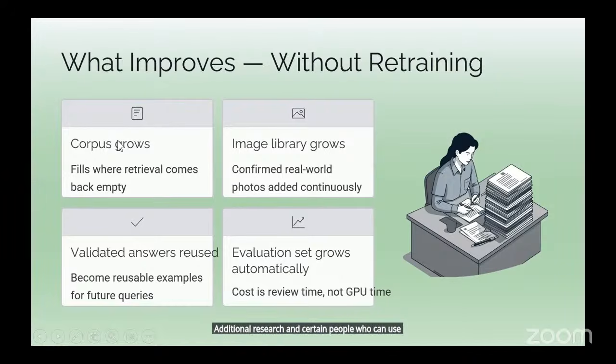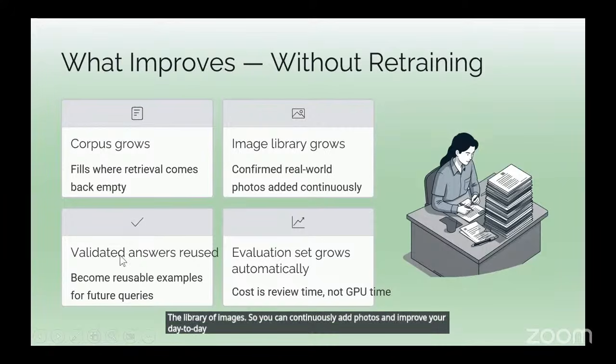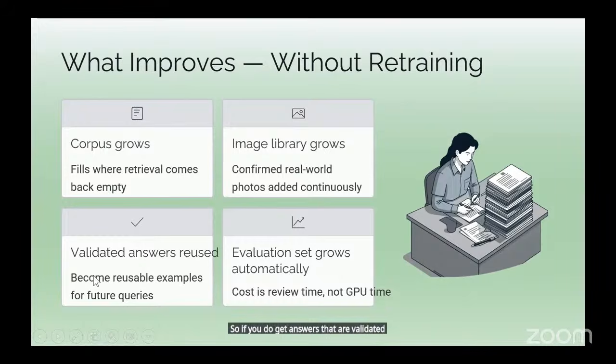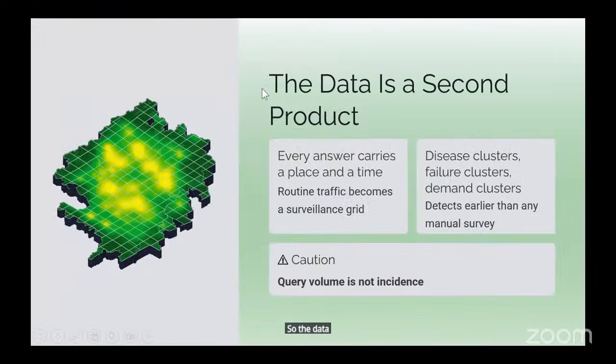You collect the library of images, so you can continuously add photos and improve your database. If you do get answers that are validated, you can continue to use them. And the evaluation goes automatically. Now, of course, if you have an expert valid answer, then that answer can continue to be used in the system. So the data is a second product.